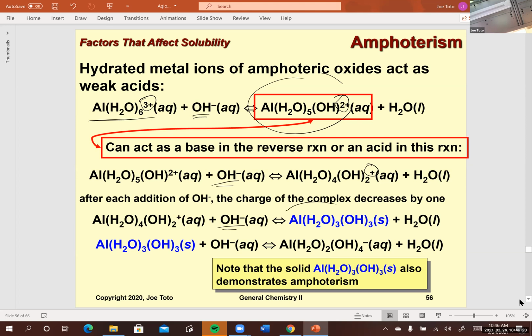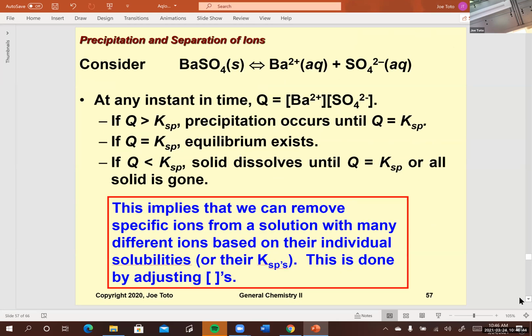Now there's no charge in a solid, it falls out of solution. Then you can take that solid, keep adding hydroxide, get another one, and now it's dissolved. So it's kind of cool. You can keep adding the same thing, get a precipitate, keep adding the same thing, and then it dissolves. And this is why. As far as problems or anything, you won't have anything dealing with that.